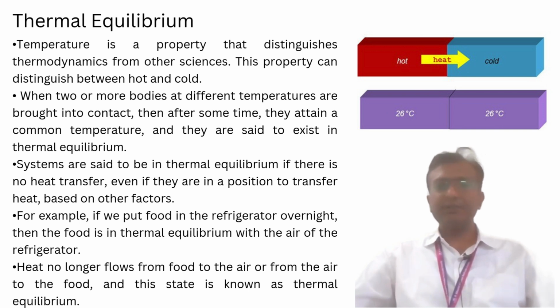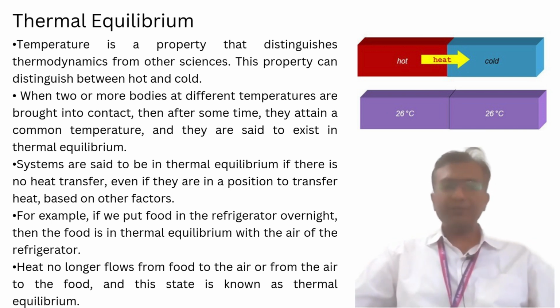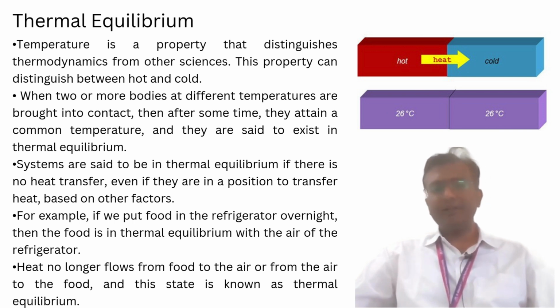The refrigerator's cooling system removes heat from the air, and this cool air then absorbs heat from the food. Eventually, the food and the surrounding air inside the fridge reach the same temperature. At this point, they are in thermal equilibrium. The refrigerator continues to run, removing any heat that leaks in from the outside to maintain this low temperature equilibrium.